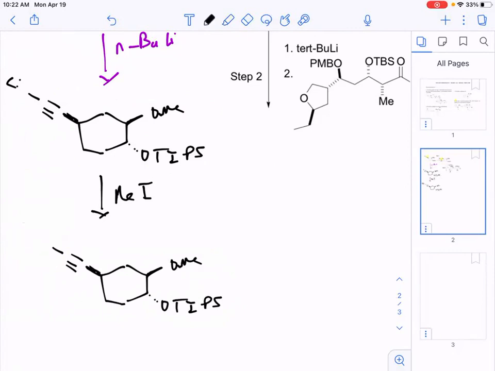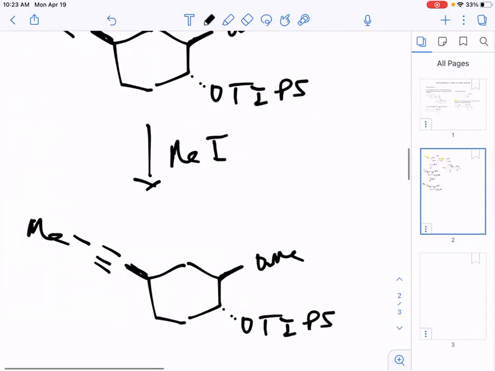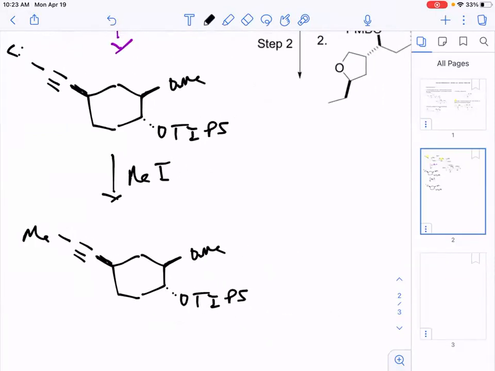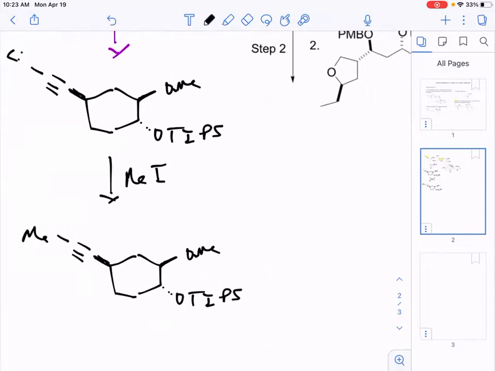Now we need to think about how to make the vinyl bromide. So now we need to think about how to add a bromine to that carbon. What do you think? We already talked about some methods before, but what would you do to convert that to the vinyl bromide?